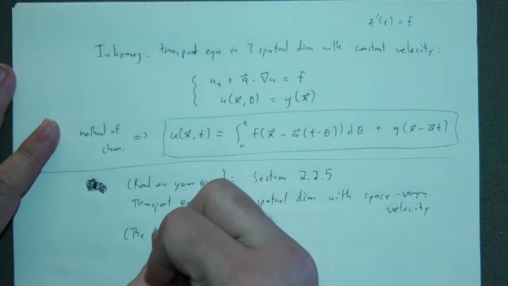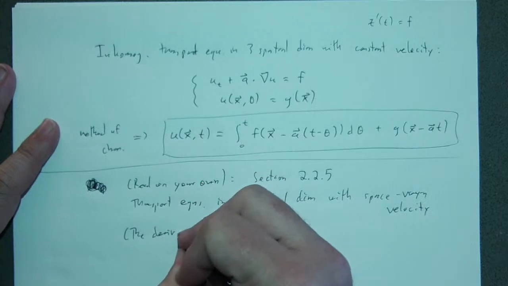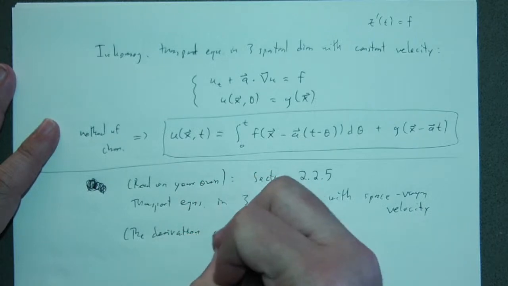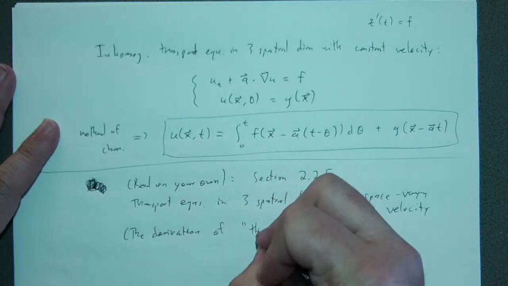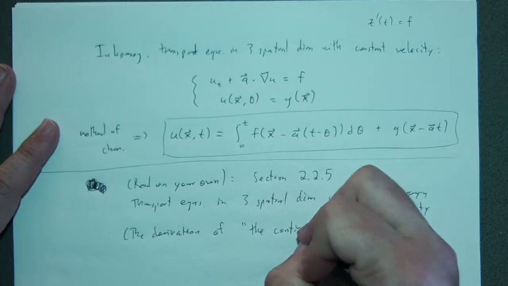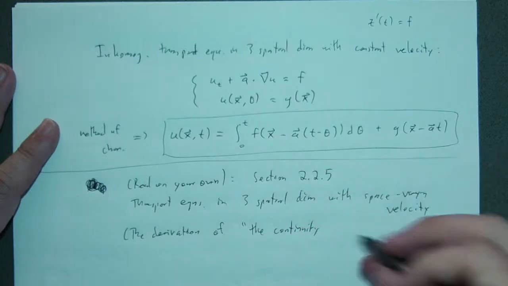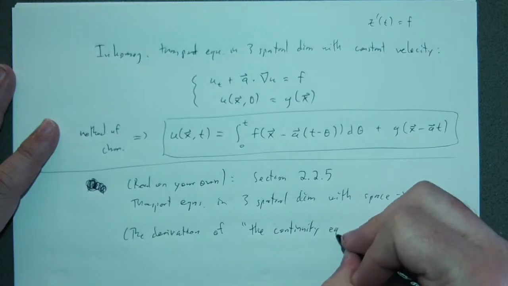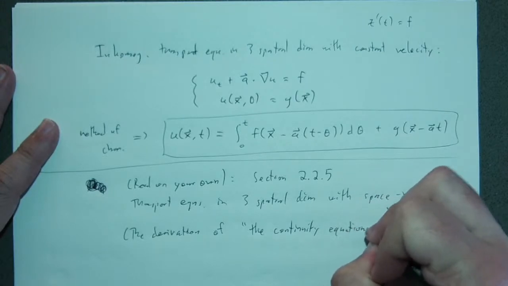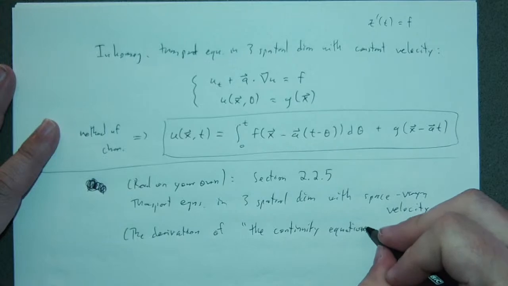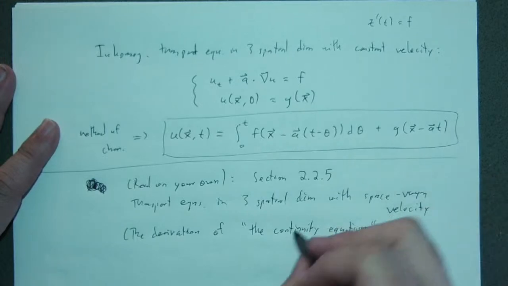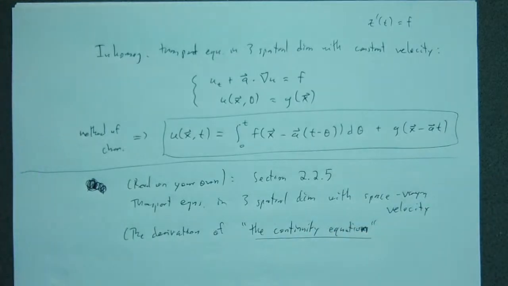But this is the derivation. The thing that results is the derivation of what's called the continuity equation. The continuity equation is one of what are called the Euler equations, which describe what is going on in a fluid.